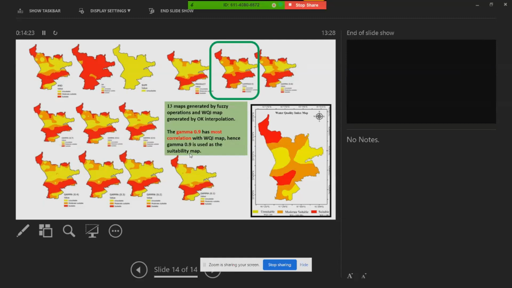Gamma is equal to product plus sum, to the power of gamma, and this power can be 0.1 or 0.9. So the output will be different. The criterion for selecting the most suitable map is the gamma value. We used the band collection tool, and this tool finds correlation, and gamma 0.9 had the most correlation with the WQI map.